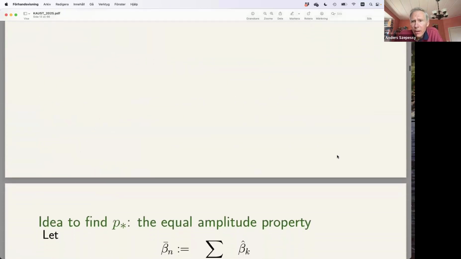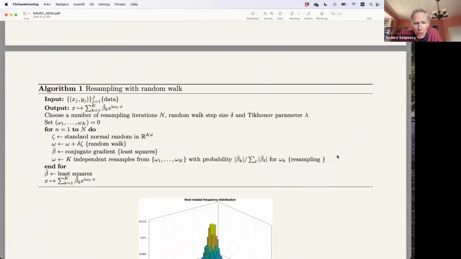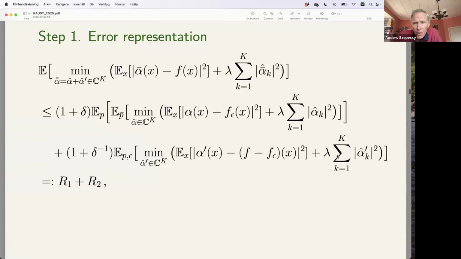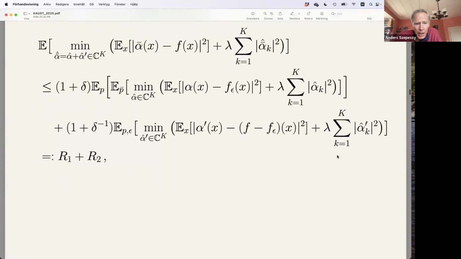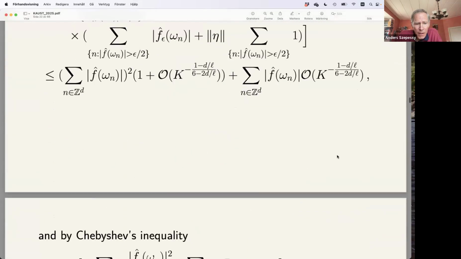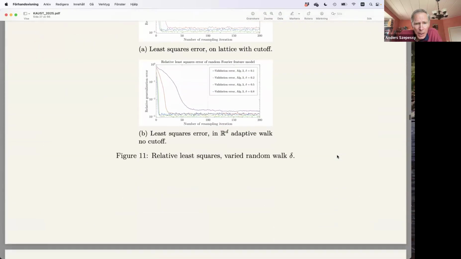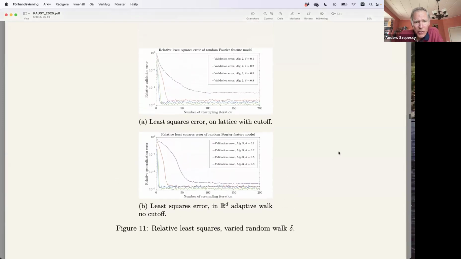Okay, so let us see now. We have some numerical results which show that it works.